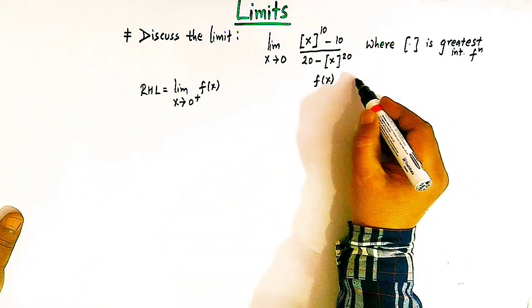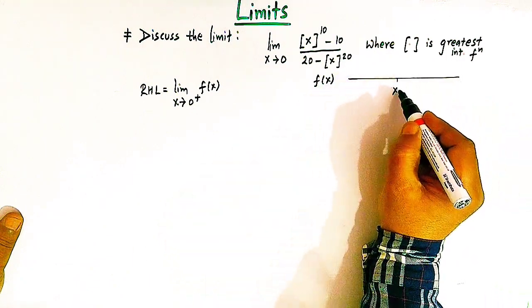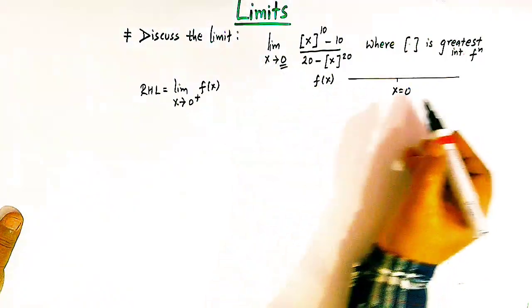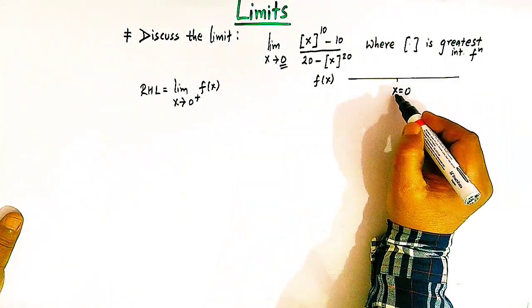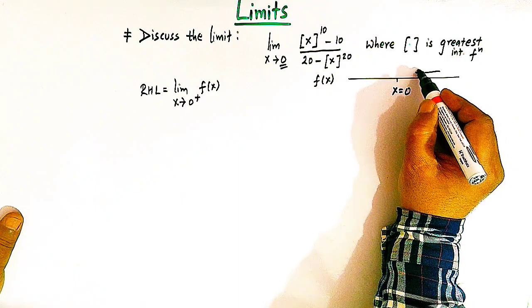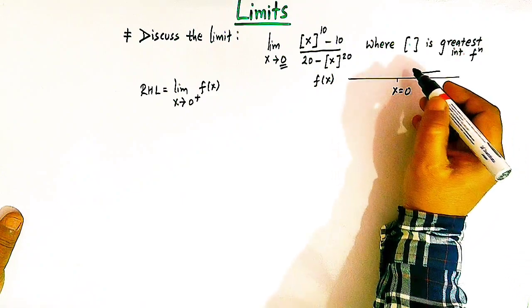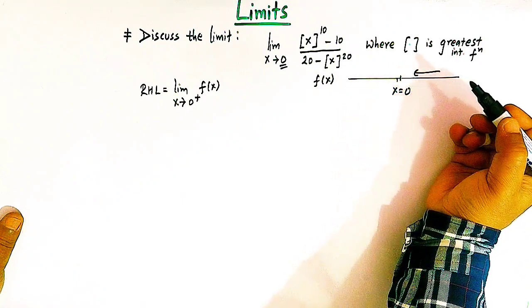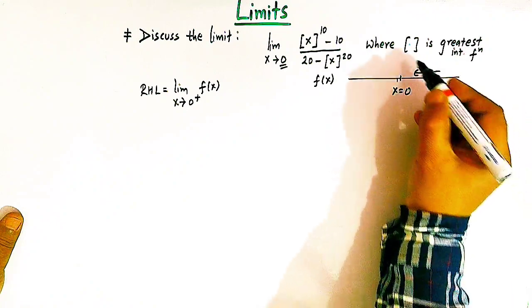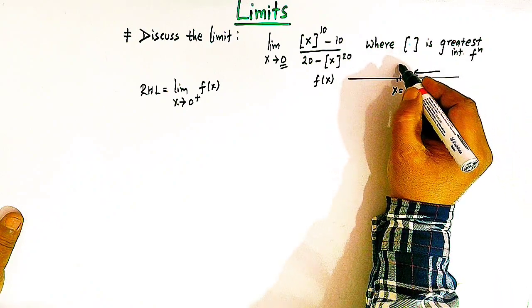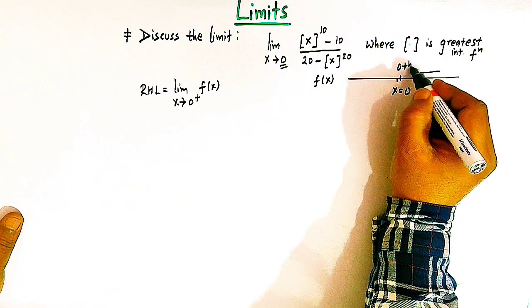So this is the notation for the right hand limit when x approaches 0 from the right of x equal to 0, because here we have the point x equal to 0, and when we approach x equal to 0 from the right, then we have a point in the neighborhood of x equal to 0, and that point is 0 plus h, right?